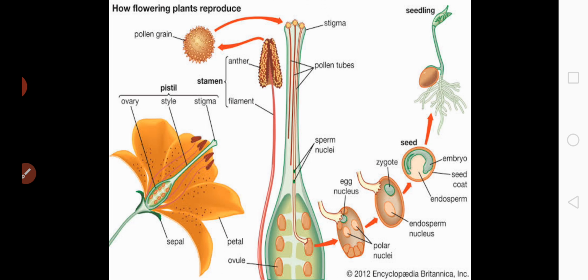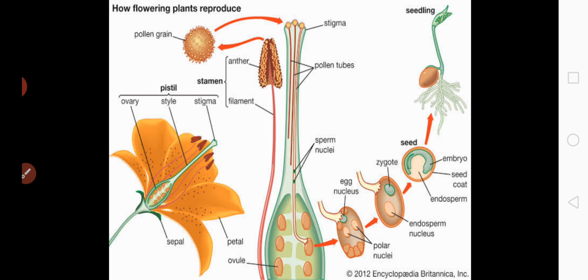Of the two male gametes, one fuses with the egg cell to form the zygote, whereas the other male gamete fuses with the secondary nucleus to form the primary endosperm nucleus. This primary endosperm nucleus later on forms the endosperm. In this way, endosperm tissue is formed within the seed.